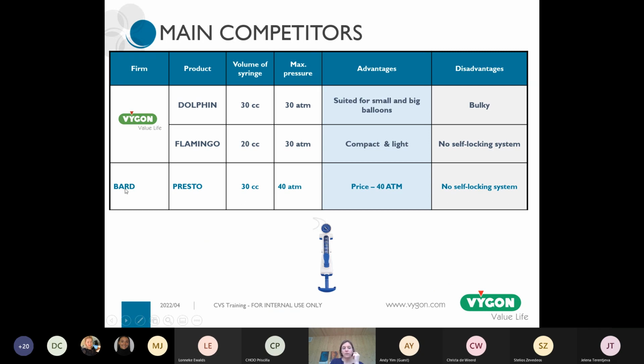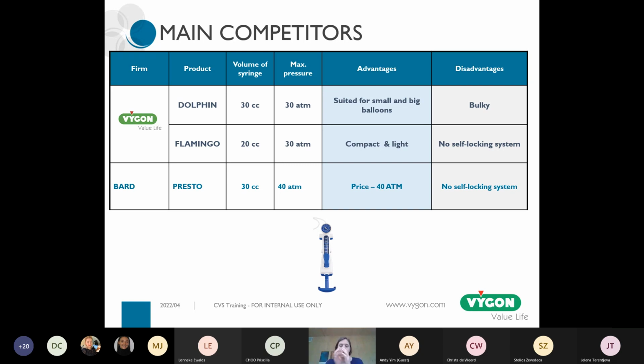Then you have the BARD inflation device. This is the Presto. The volume is 30 cc and the maximal pressure is 40 atm. As for the price, it depends on the market, so perhaps in your country it is not the case.